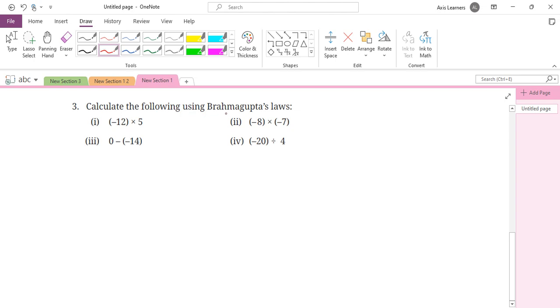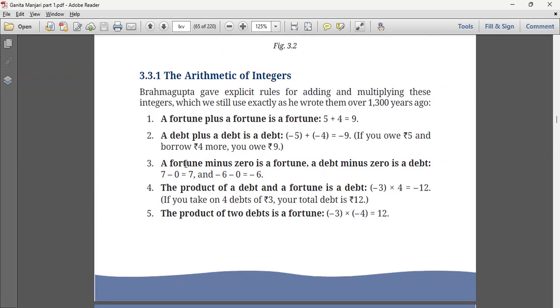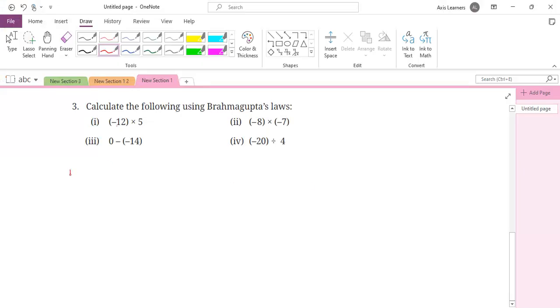Calculate the following using Brahmagupta's law. See the first one, a negative number and a positive number. The Brahmagupta's laws are there. The product of a debt and a fortune is a debt. So we can use this law. By using this law, first one, minus 12 into 5.